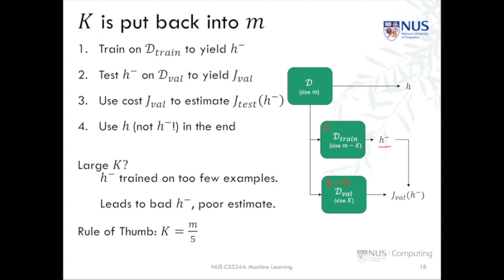So that was step 2 and 3. In the end, we now have the correct value for our test cost using the H minus hypothesis. But we rather, of course, use the entire data set to return as good a hypothesis as possible. So we'll train using all of the data points and return this at the end for use.